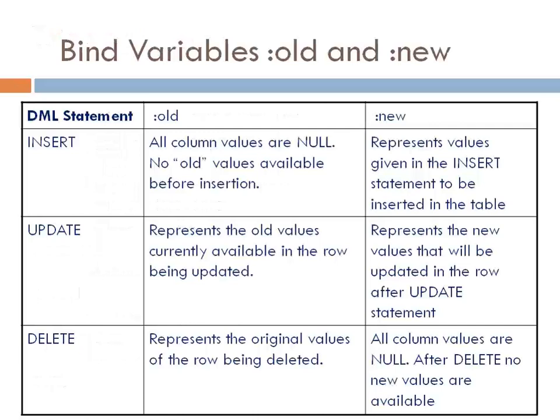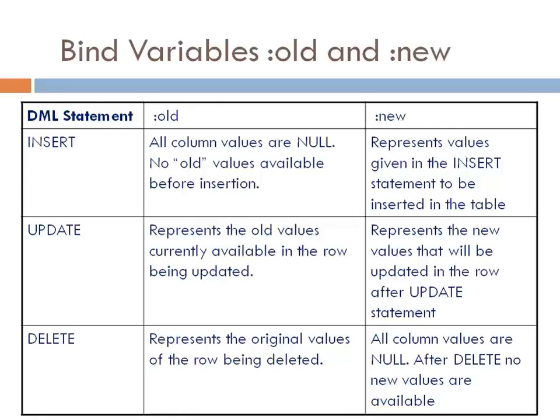Now here are certain bind variables which are related to triggers, and these are two bind variables, old and new. As you can understand from the names, the old bind variable will store the old values before the event, and the new bind variable will store the values after the DML statement executes.